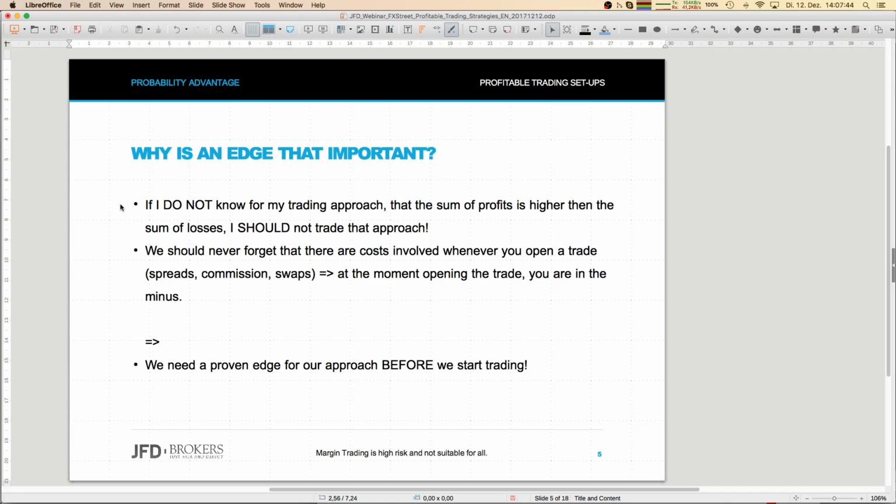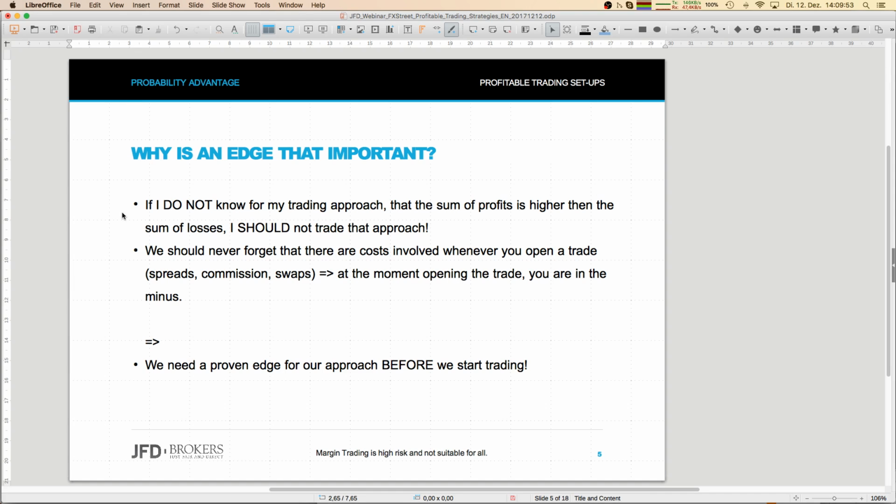Only later maybe the trade is going to a winner trade, but those costs have to be recovered always and always first. Conclusion here: if we don't have an edge, if we don't have that kind of probability advantage, we should not trade, and we should be sure that we have that edge, and then we can start trading live as well.